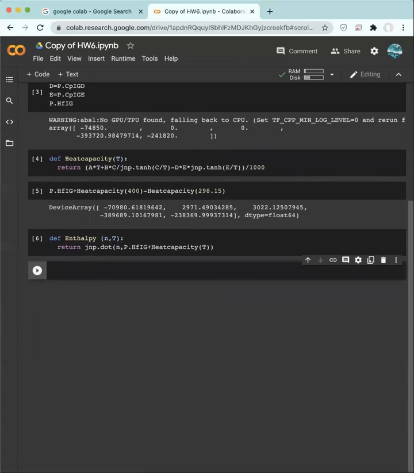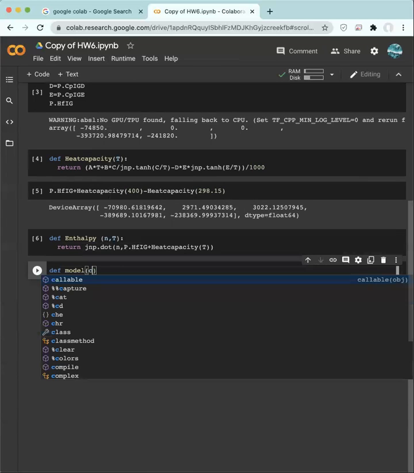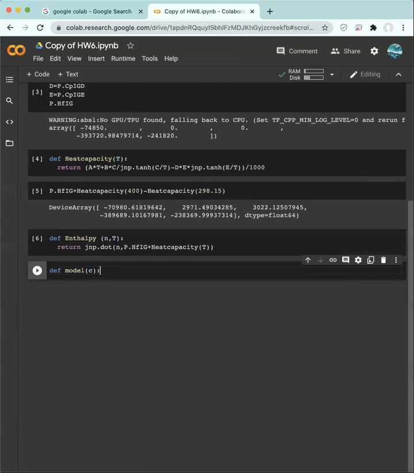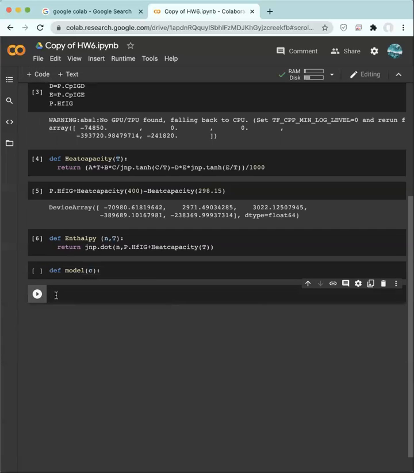So once we have that, we're going to make another model. So we're going to just call it model, and it's dependent on C. And so when I'm doing this, I'm going to come down here. C is going to equal .map, and that will allow us to say that C.CH4, let's say the amount of CH4 that we have is going to be 1 mole.